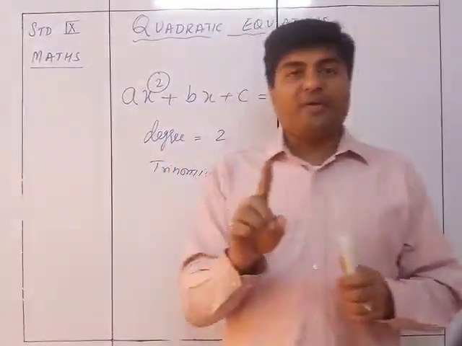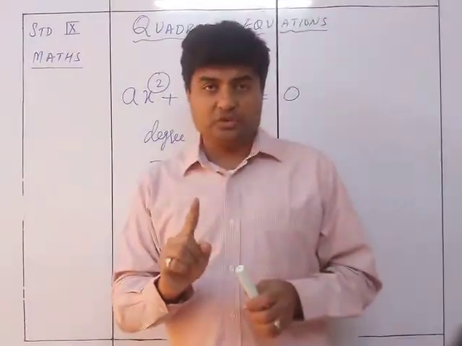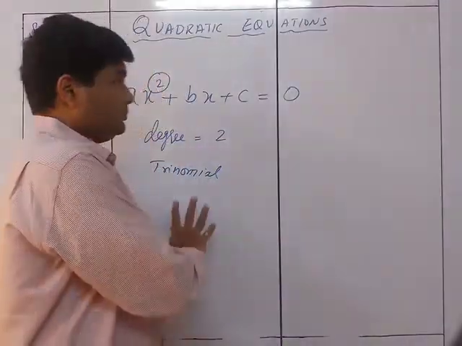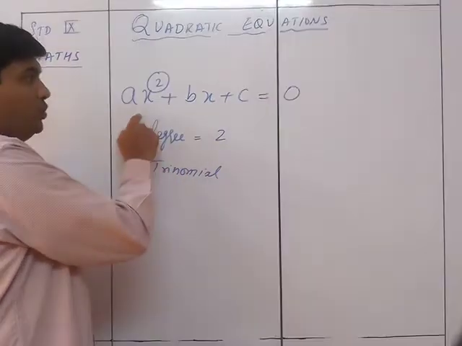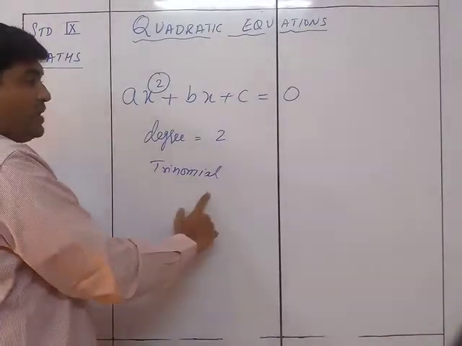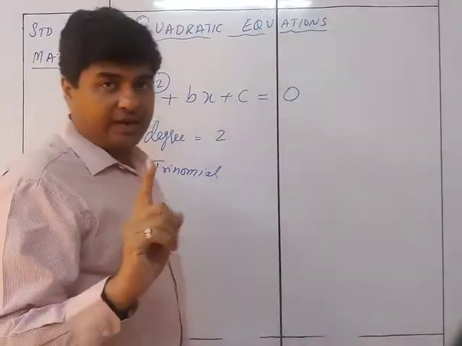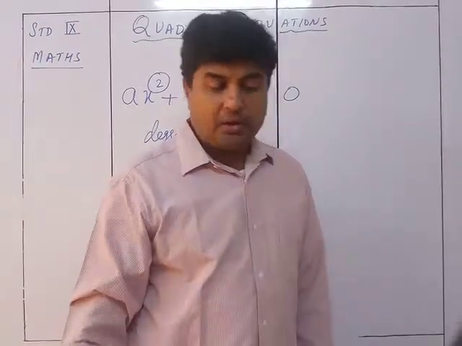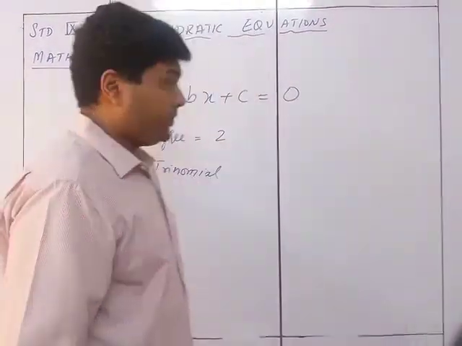Here only one variable is there, hence only one equation. So the equation will have degree 2 and be a trinomial having only one variable in it. That's the main nature of a quadratic equation.